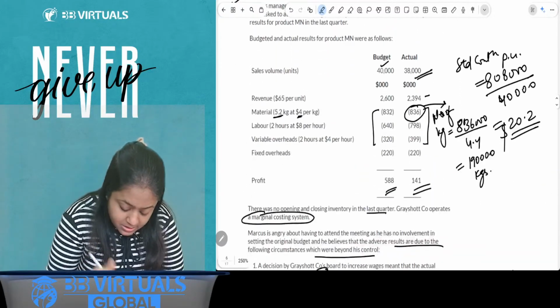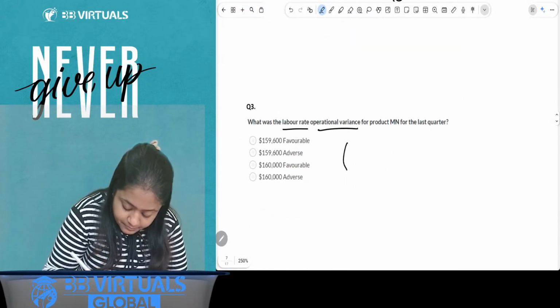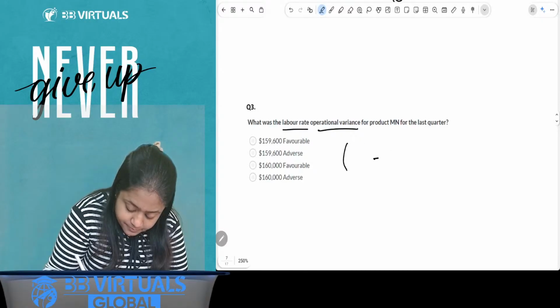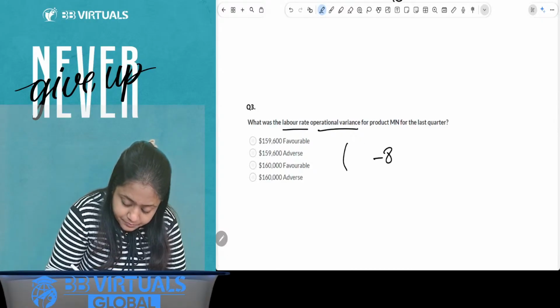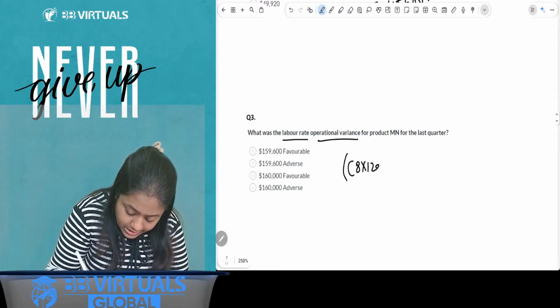The budgeted labor rate per hour is 8. So budgeted is 8 and actual is higher than this: 8 into 120% less 8.